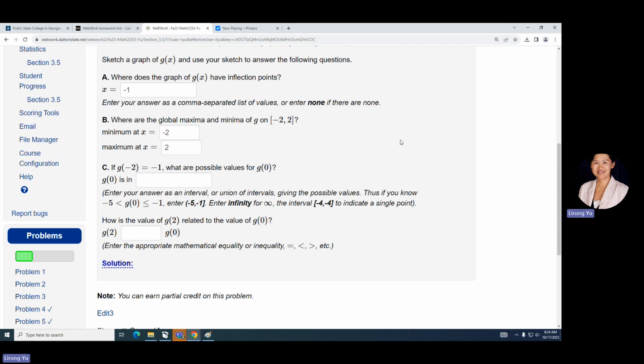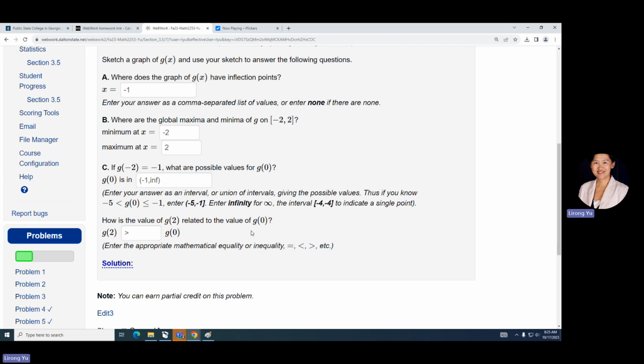So the value has to be higher than this number. It should be increasing, so it should be -1 to infinity. That means g of 0 is higher than -1. And how is the value of g of 2 related to the value of g of 0? It is increasing, so it should be bigger than g of 0. As the x value increases, the y value should increase. That is all there is here.